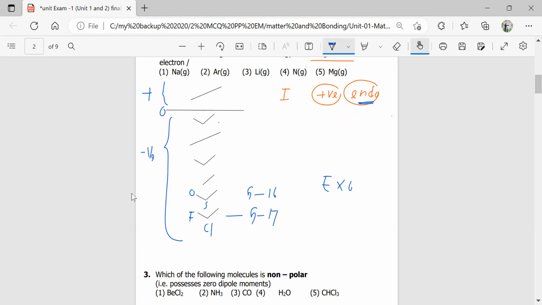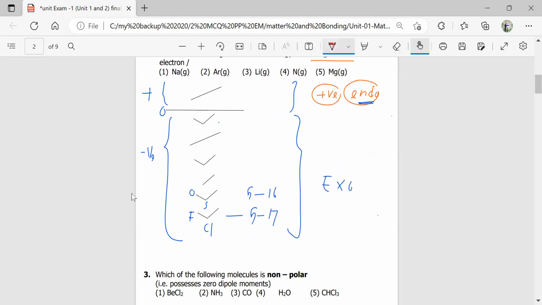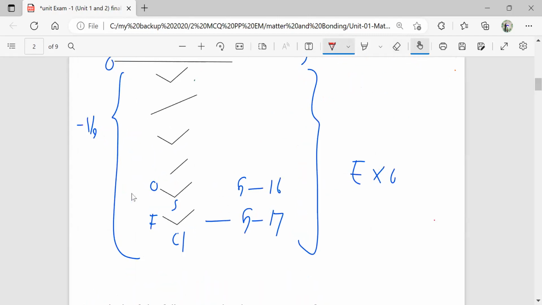That way we can arrange this graph. These are negative values; in this region the negative values are exothermic, and this region indicates endothermic. So it is a graph based on the data of electron gain energy. Okay, I'll try to mark the data.